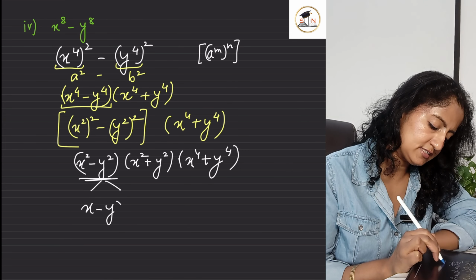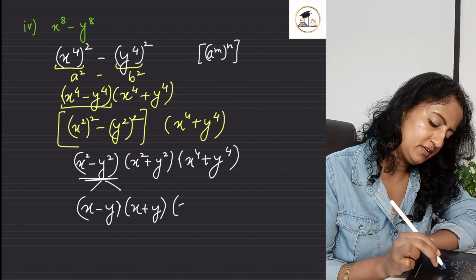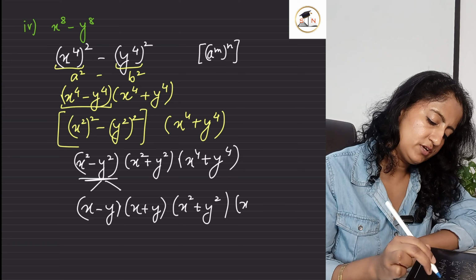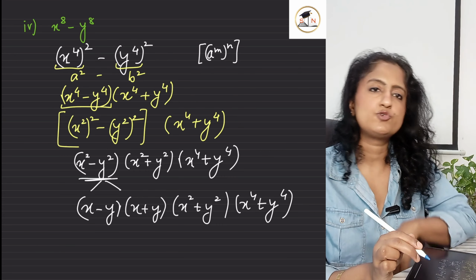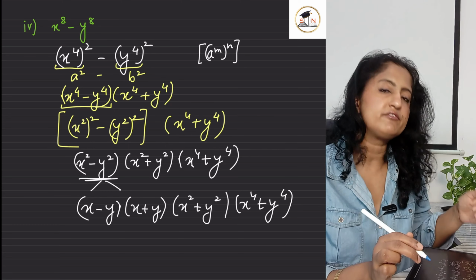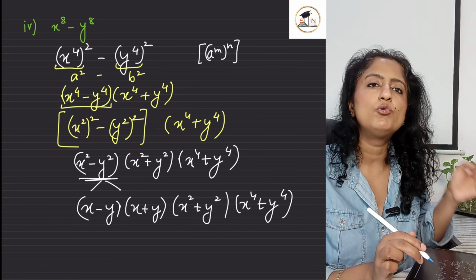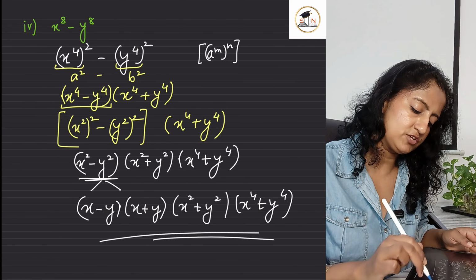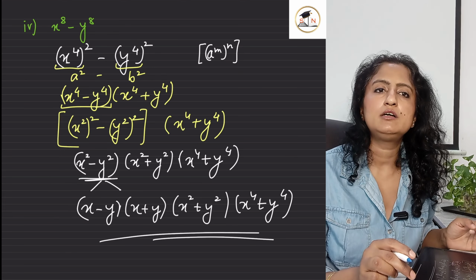Therefore, your final answer is (x − y)(x + y)(x² + y²)(x⁴ + y⁴). This question had lots of steps, and I have written each and every step carefully. It needs to be done only in this manner, because this will prove to be your correct answer when you leave it here. Okay, now moving on with the next question.